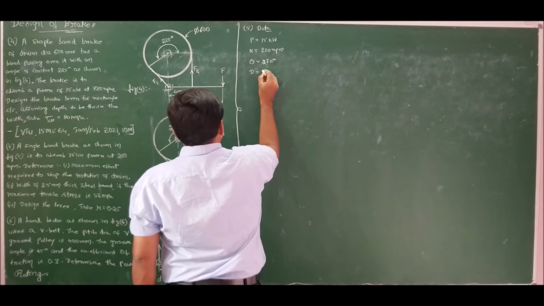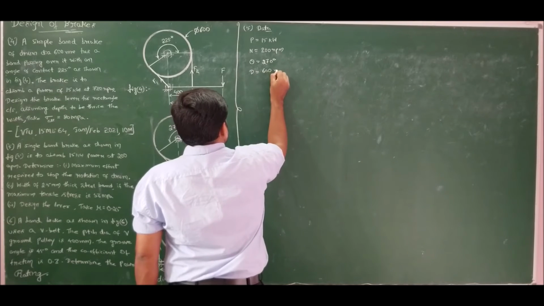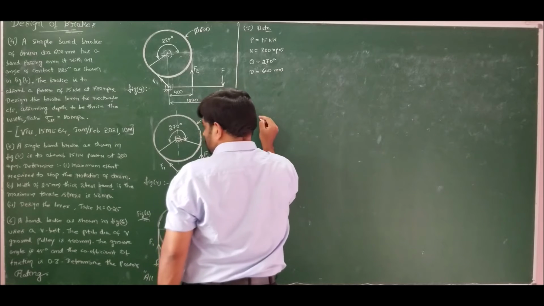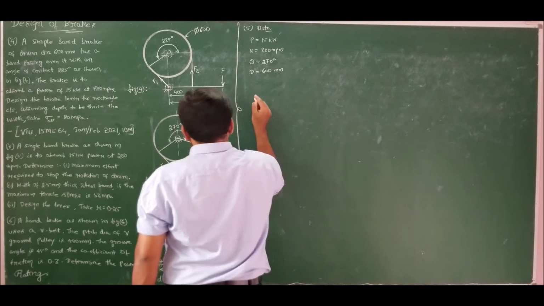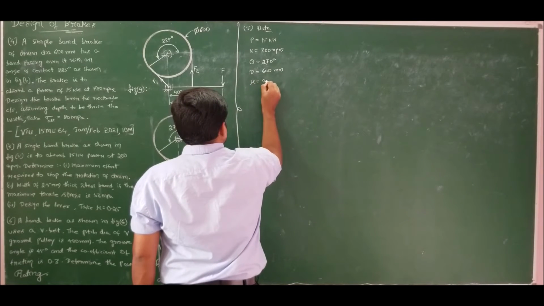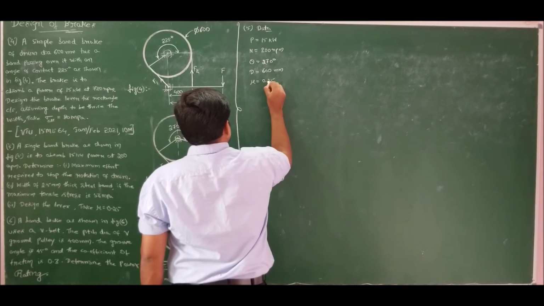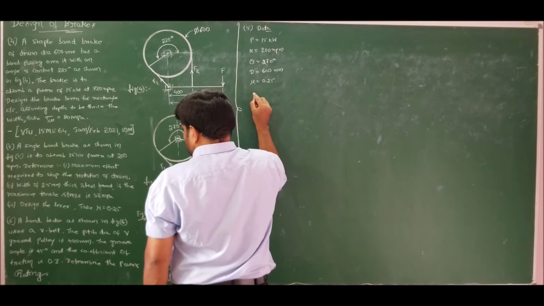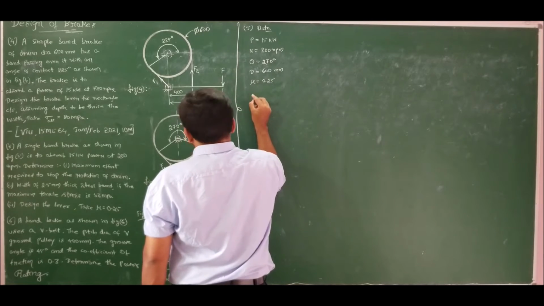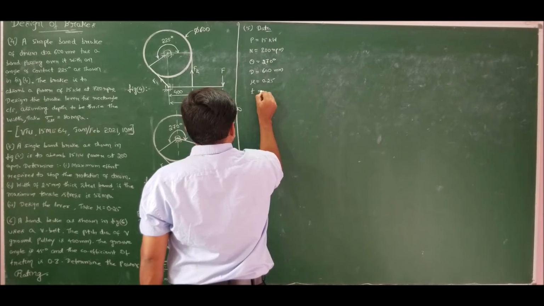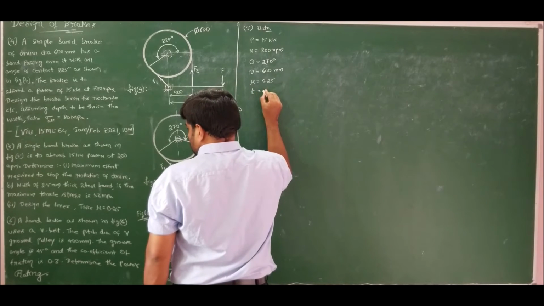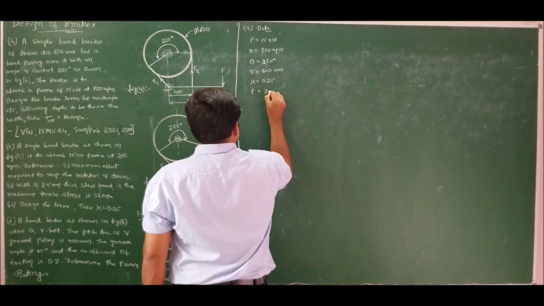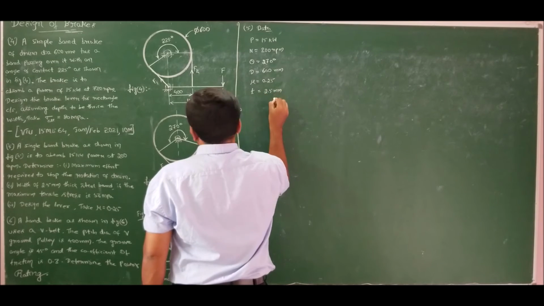The diameter is 600 mm, the coefficient of friction is 0.25, and the thickness t of the steel band is 2.5 mm.